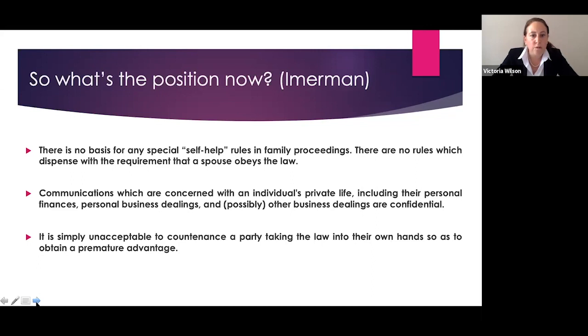There are no rules which dispense with the requirement that a spouse obeys the law. The judgment goes into the issue of confidentiality and communications that are concerned with an individual's private life are confidential. And the judgment makes clear that it's unacceptable to sanction a party taking the law into their own hands to get a premature advantage.